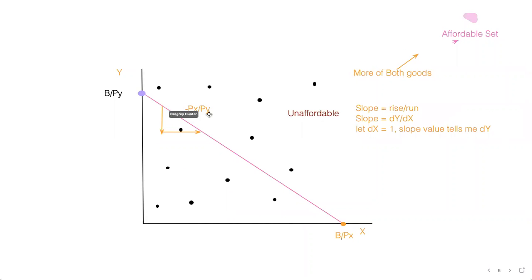I'd have to give up whatever the price ratio was. If we do a simple example and say a flannel costs $10 and a hoodie costs $20, then every time I purchase an additional flannel, I have to give up a half of a hoodie, right?